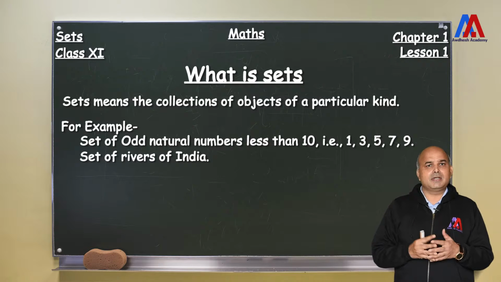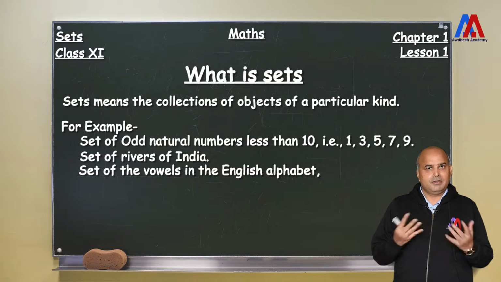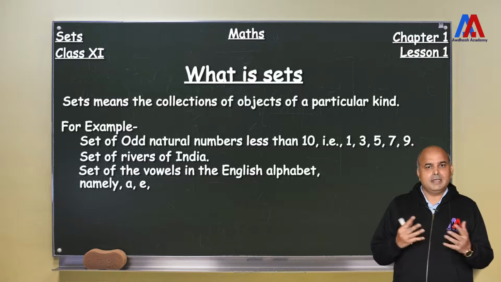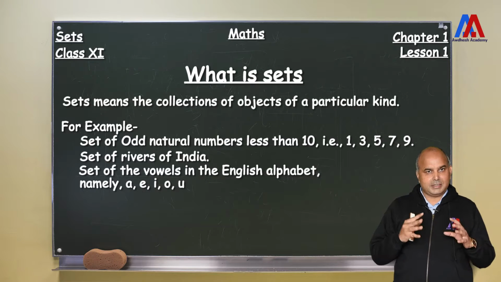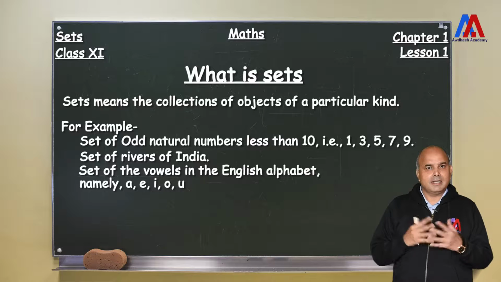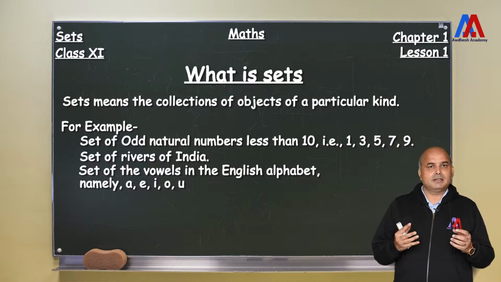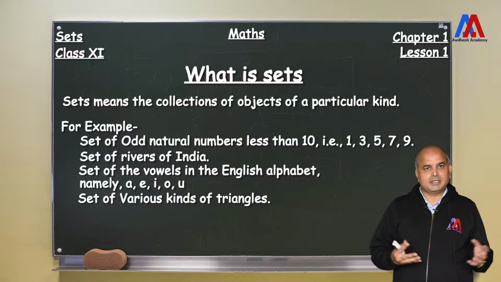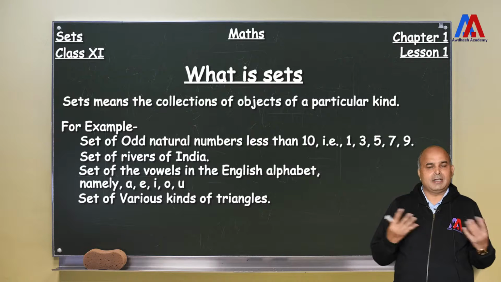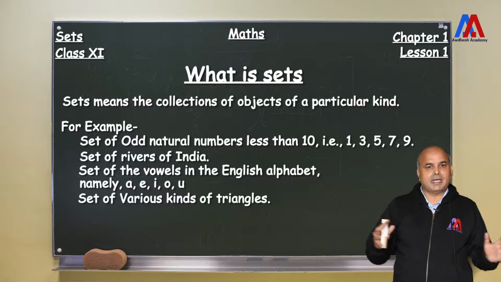Similarly, another example is the vowels of the English alphabet. We know that there are 5 vowels, A, E, I, O, U, and this will constitute a set of the vowels of the English alphabet. In the same way, the different types of triangles like isosceles triangle, equilateral triangle and others will also form one type of set.